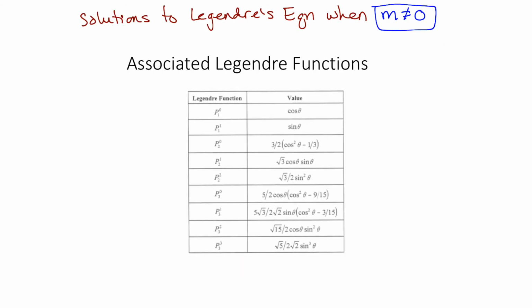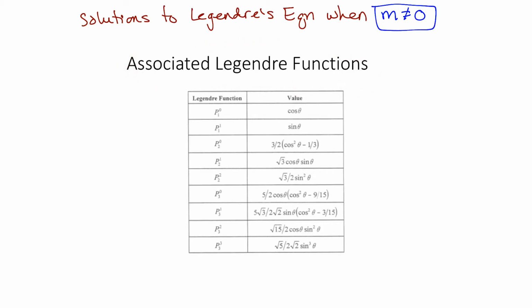Now we want to look at the other situation where m is not equal to 0. In that case, the solutions to Legendre's equation are given by what we call associated Legendre functions.